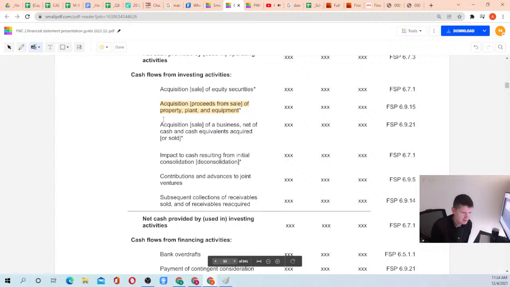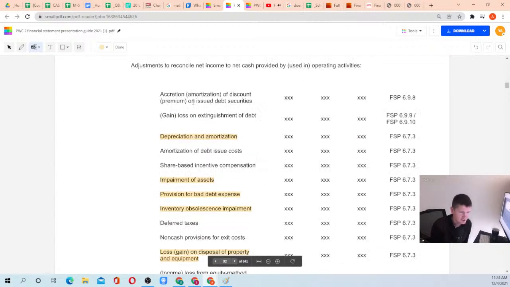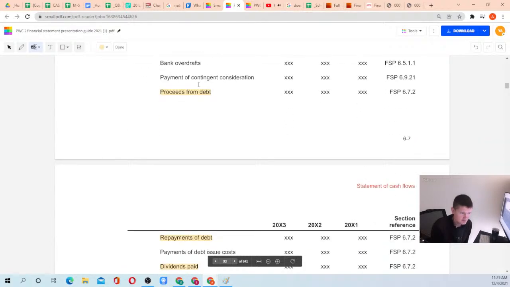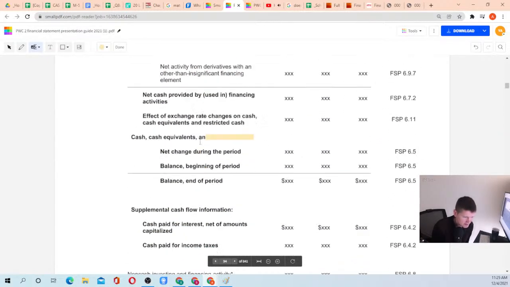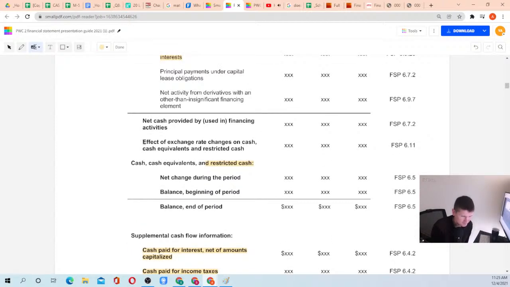And remember, direct and indirect methods: investing and financing activities will be the same, while operating activity will be different. Let's not get into details right now. And at the end of cash flow, you will have net change during the period. So that's a total for all three: operating, investing, and financing.